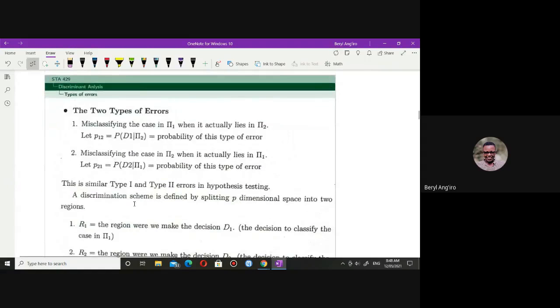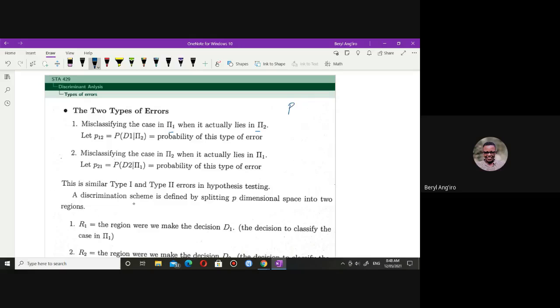Just like we said, there are two types of errors that you can make when you're trying to classify an observation x into one of the populations. The first one is misclassification of the case in population 1 when it actually belongs to population 2.